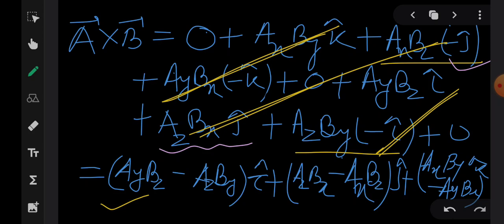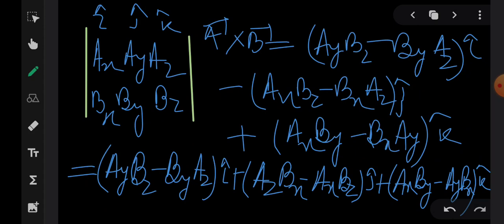Now how to keep this in memory, or how to do the cross product of two vectors given in component form easily? For that, write the vectors like this: I, J, K, then write the components of the two vectors. Now A cross B, so expand it along the I, J, K row.